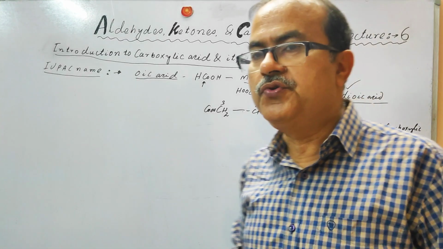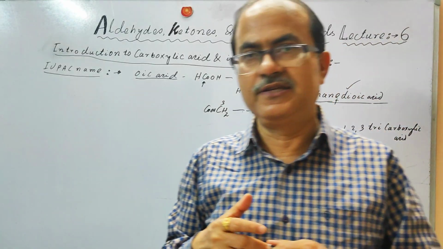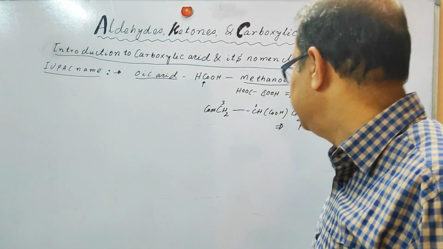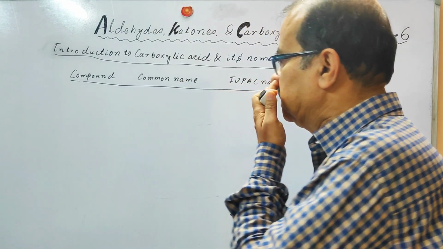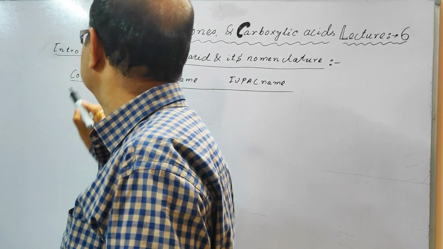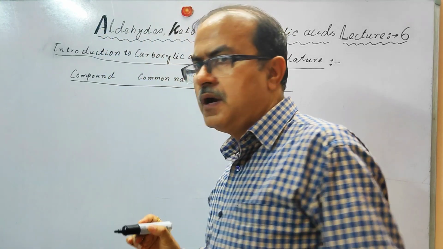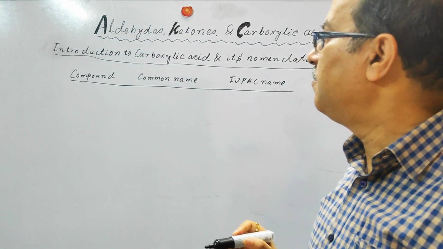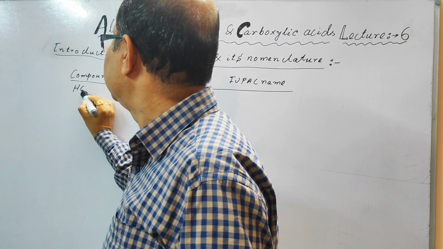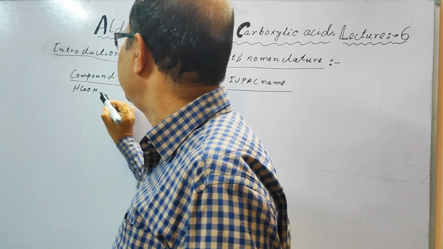Now we are going to discuss some more examples, and also the aromatic carboxylic acids. Now we will discuss different compounds. First, this is formic acid, which we already discussed.